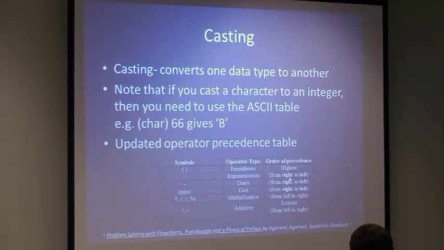So if you see 3 to the power 2 to the power 3, in algebra it's 3 to the power 2, to the power 3, but here it's done right to left. Or to simplify it, you can put parentheses like that.